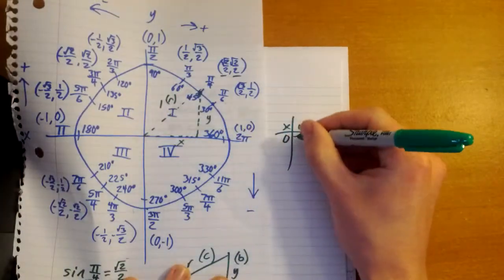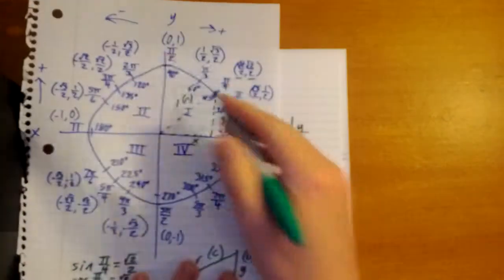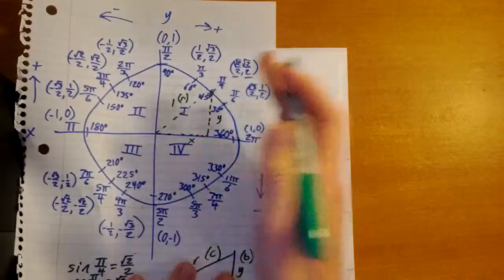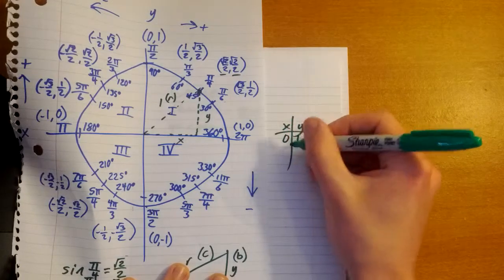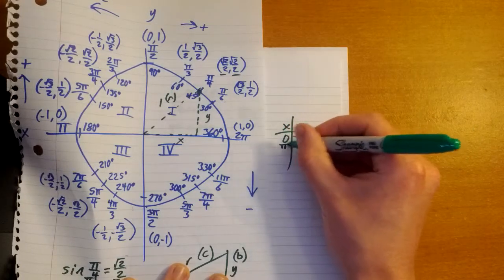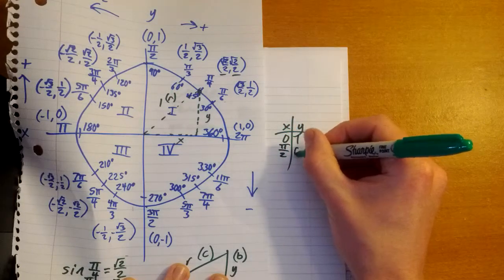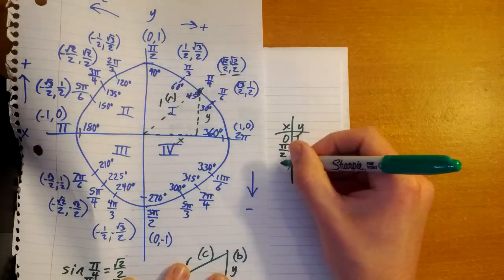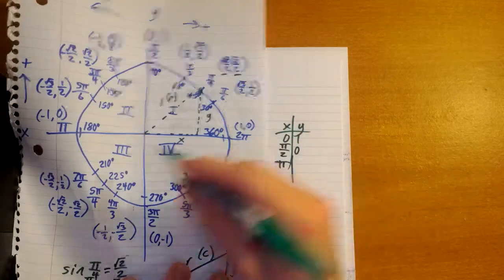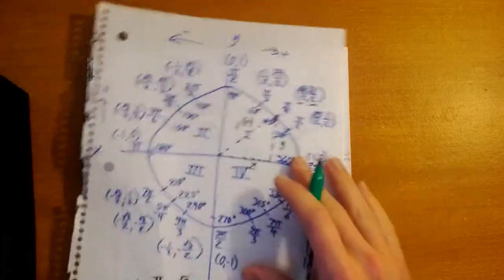Oh, look at this. It starts at y equals 1. So this is where it's really different. It's just set off technically by pi over 2. Pi over 2 then is 0. It's different from sine.